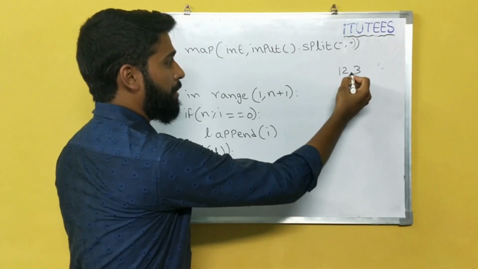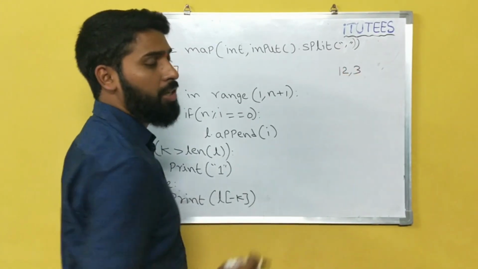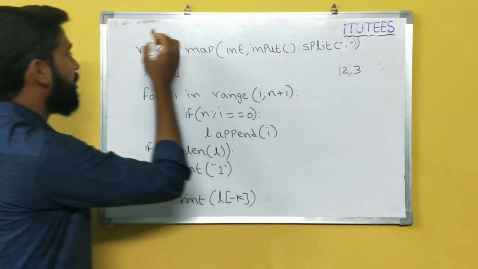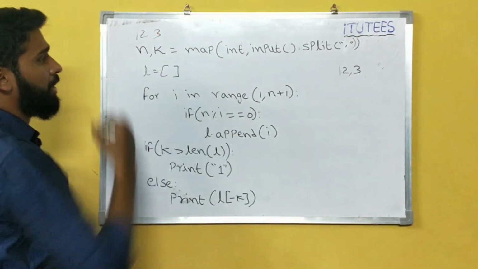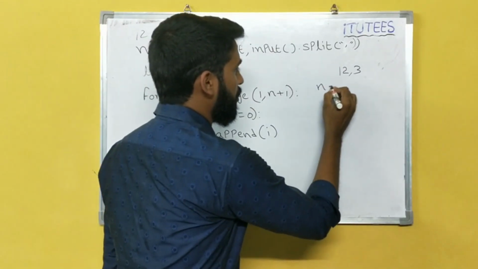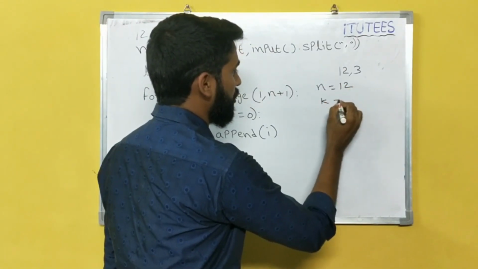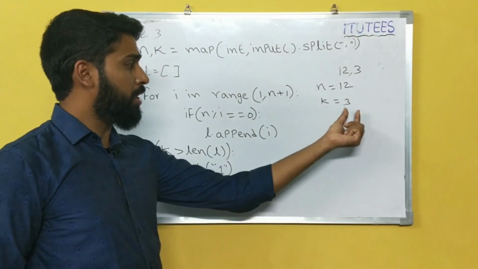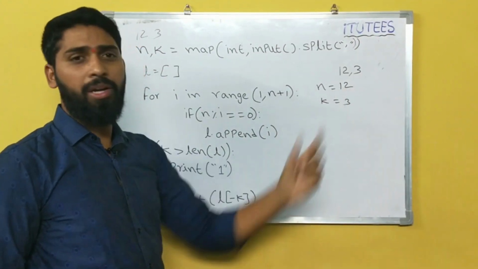Here, when the comma occurs, it is divided into two parts. One is 12, another is 3, and these are stored in n, k. That means n equals 12, k equals 3, so you are going to find the third largest factor of 12.